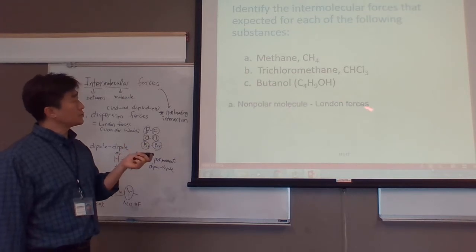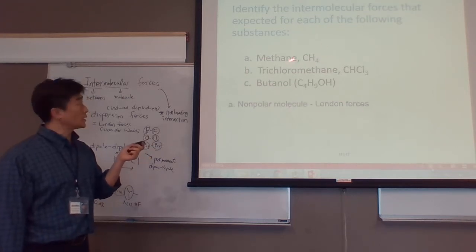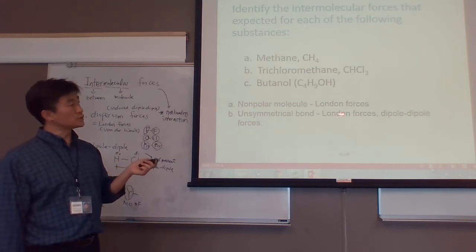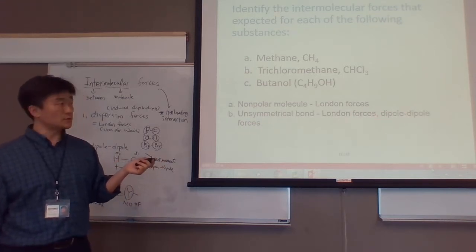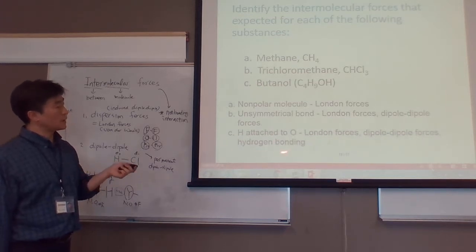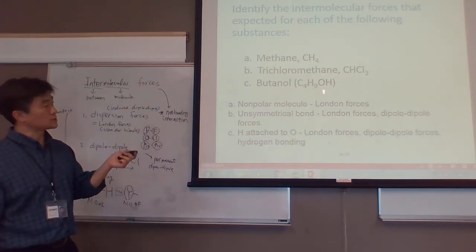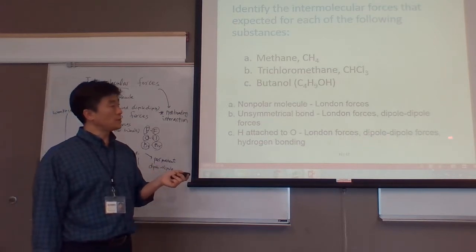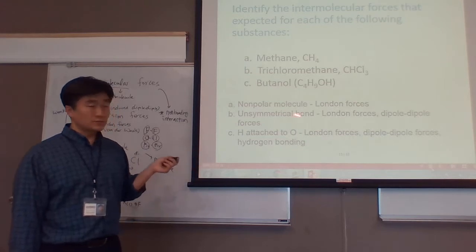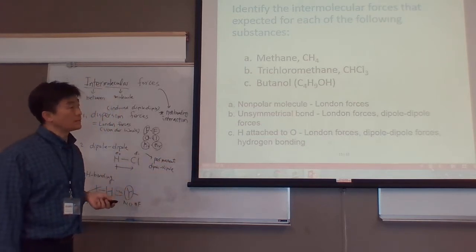So the first one is a non-polar molecule. For the second one, we expect dipole-dipole interaction, but also there is a dispersion force. Butanol, you can expect hydrogen bonding because of the OH groups, and also expect dipole-dipole force and dispersion forces. The dispersion force is a universal interaction between molecules.